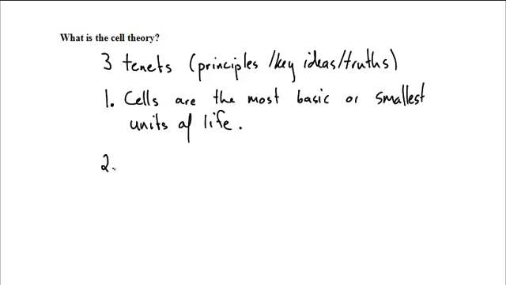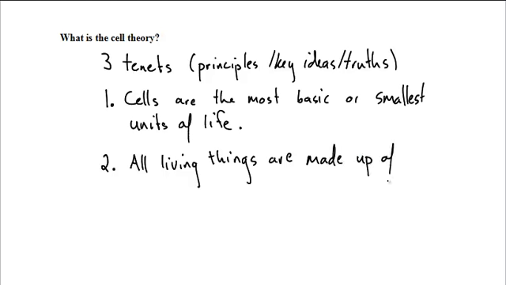2, all living things are made up of 1 or more cells. So there's no other basic structure of life that we're aware of.